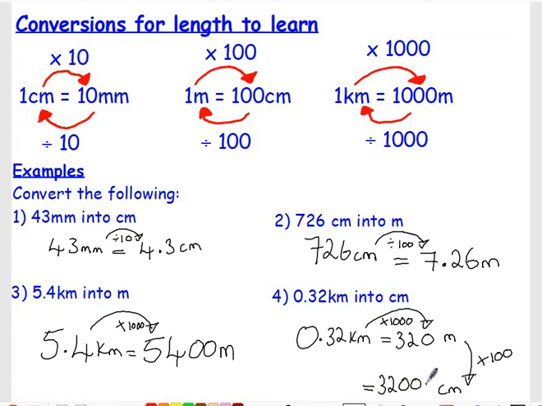But the reason being is because each digit has moved 2 places to the left. So we can see that 0.32 kilometres is equal to 32,000 centimetres. So as I mentioned earlier, you may need to use 2 conversions to get to your final answer.